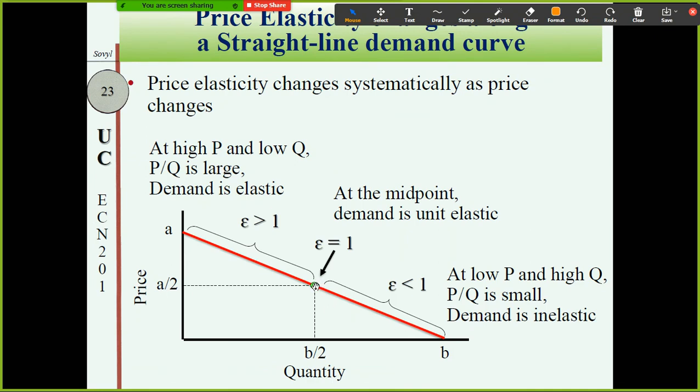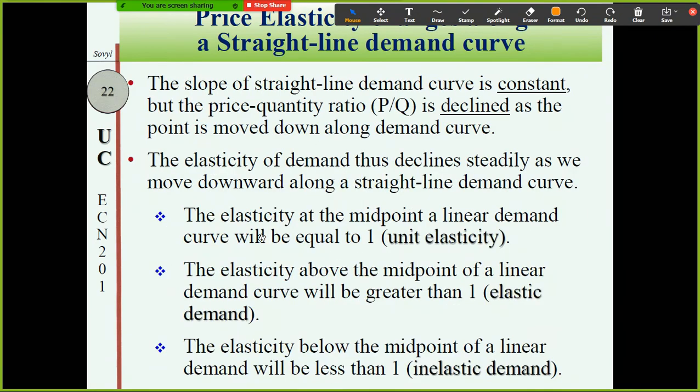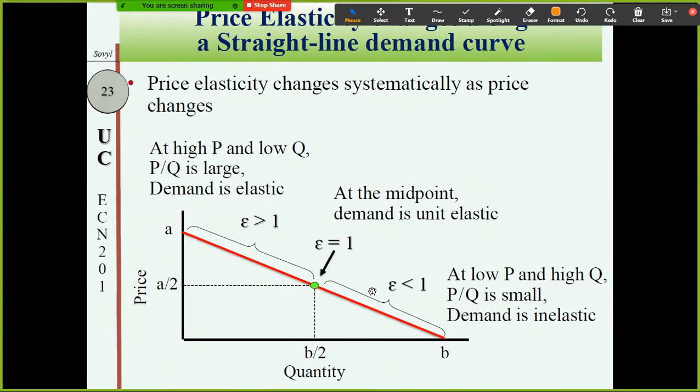How about the middle? The middle is unit elastic. That's why the elasticity at the middle point of the line equals 1. The elasticity above the middle point is more than 1, elastic. The elasticity below the midpoint is less than 1, inelastic, like here.